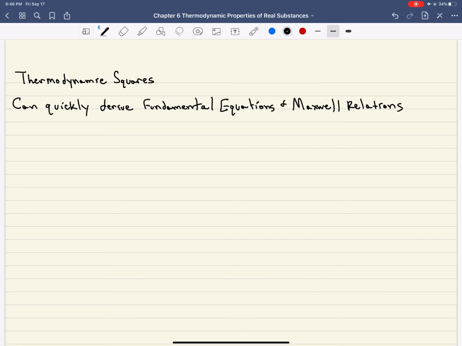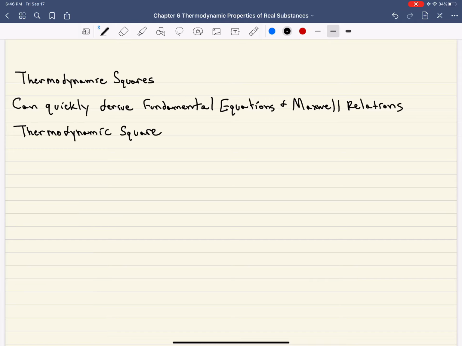And there are two versions of it depending on if you use A or F for your Helmholtz energy.